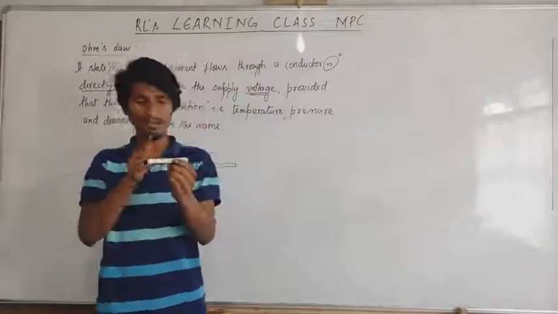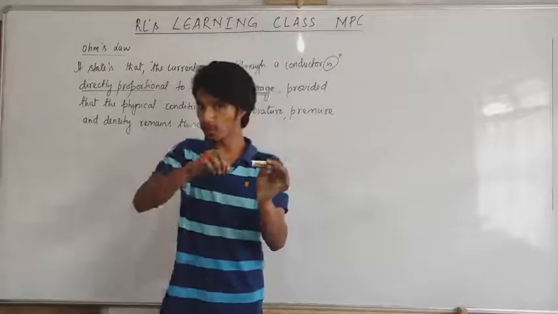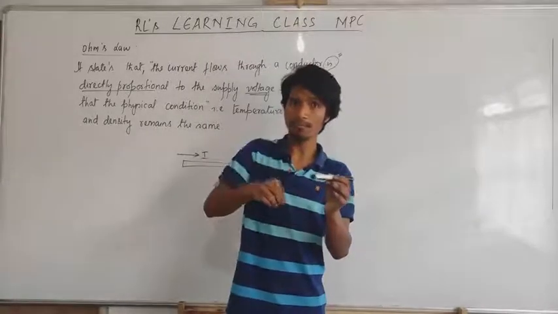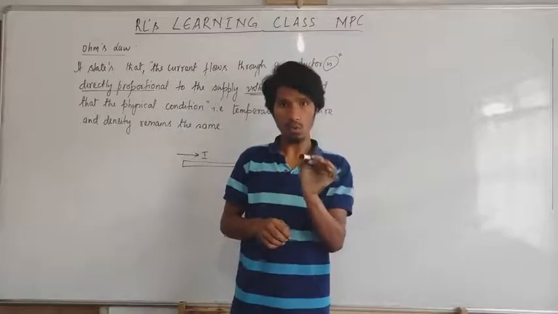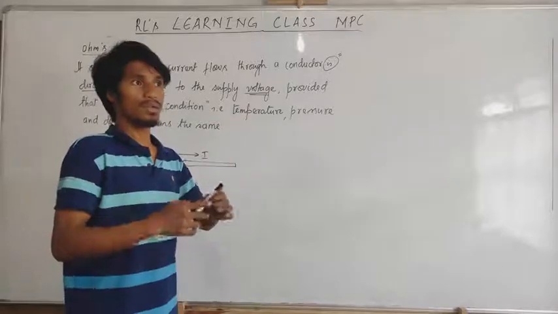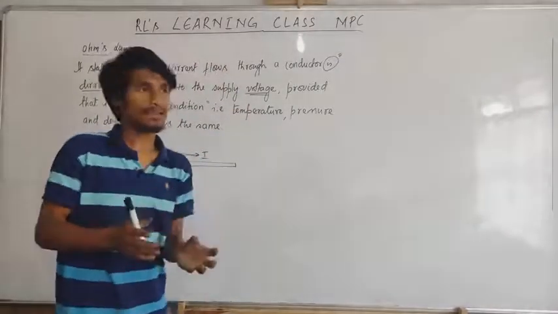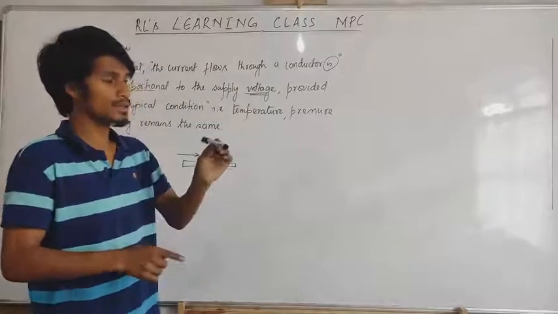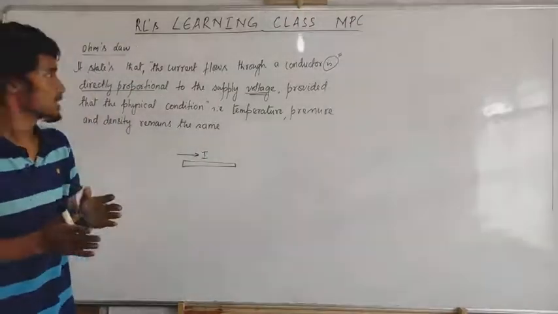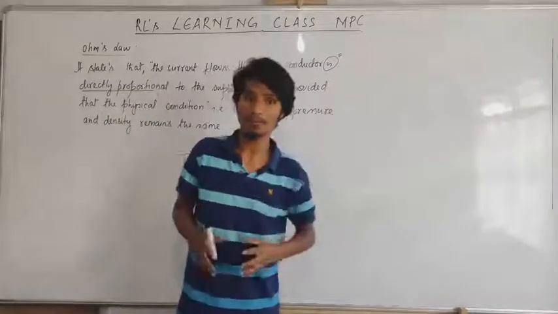If I say this conductor in this room has 10 ohm resistance, we will come to what that ohm is. Let's say in this room this conductor has 10 ohm resistance. Now if I carry this conductor to a different place which is very hot, where the temperatures are very high, remember the resistance of this conductor also becomes high. Then in that case this law is not valid, because at a different location it has a different value.